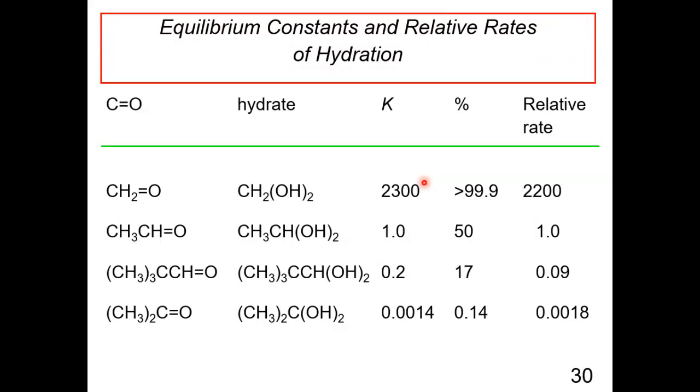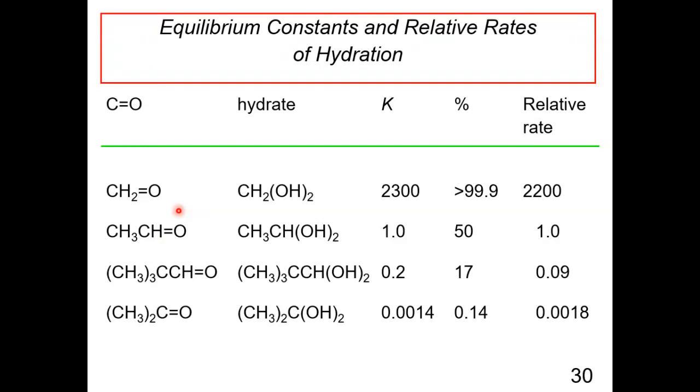As a ballpark number, the formaldehyde carbonyl will be roughly 60 something kilojoule per mole less stable. That's a lot. And this one is about 33 kilojoule per mole less stable than this. That's why you see the number of alkyl groups makes the biggest difference in the equilibrium constant, and the rate goes the same way.